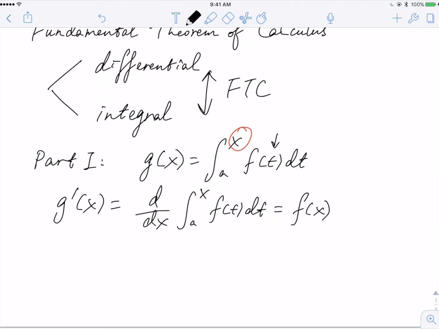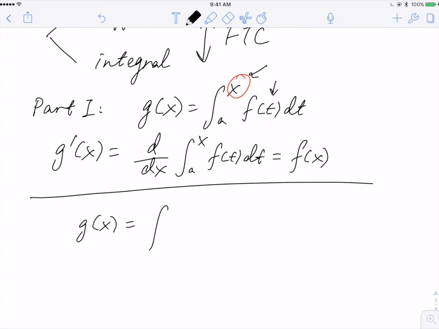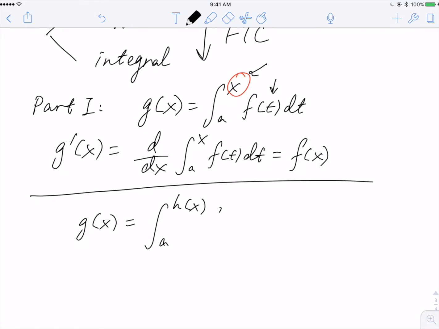Okay, I'm sure all of you know this, but the exam is not going to be this easy, so it's going to do some variation. What if the x here is a composite function? So let's say g of x now equals the integral from a to h of x of f of t dt.